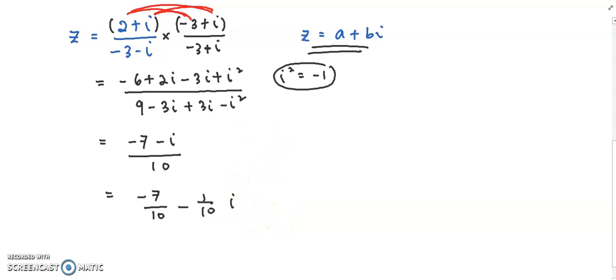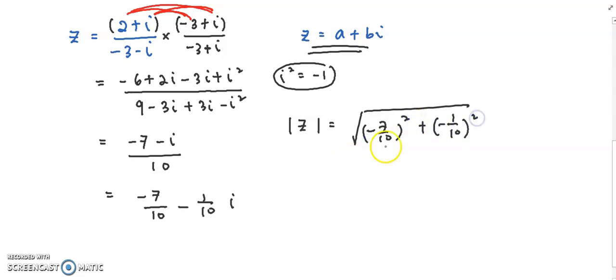Then we need to find its modulus, that is the length of z. We can find it by using the Pythagoras theorem, which is using the square root of negative 7 over 10 squared plus negative 1 over 10 squared, taking a squared plus b squared.